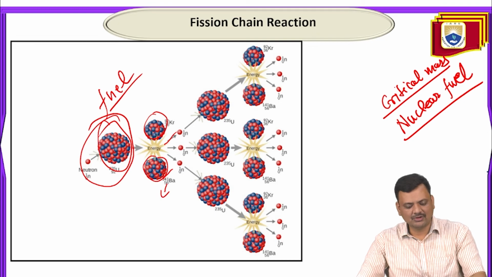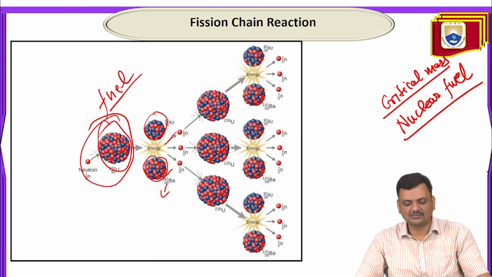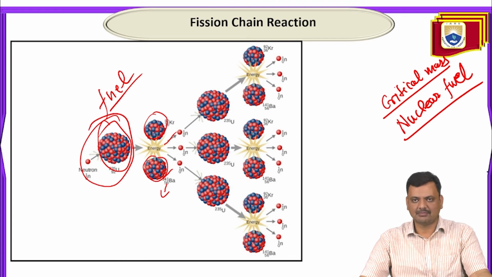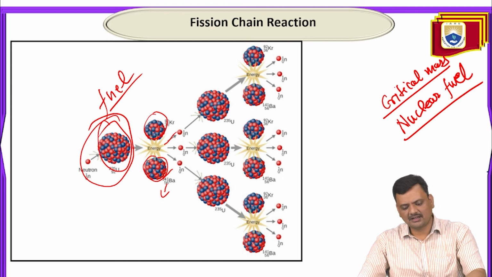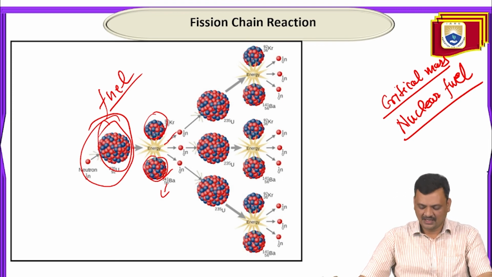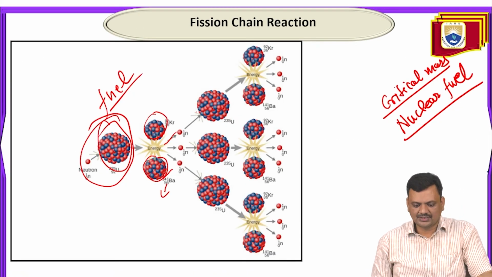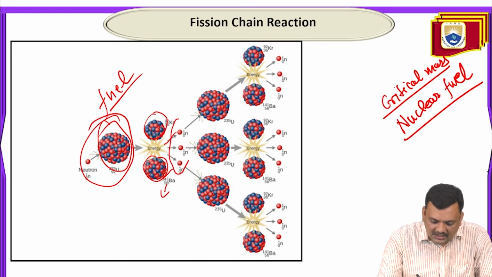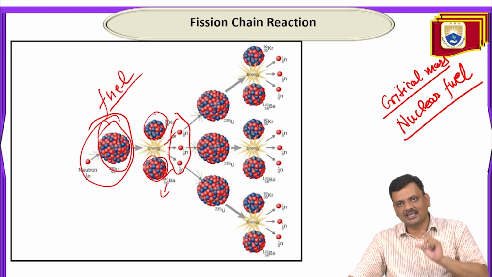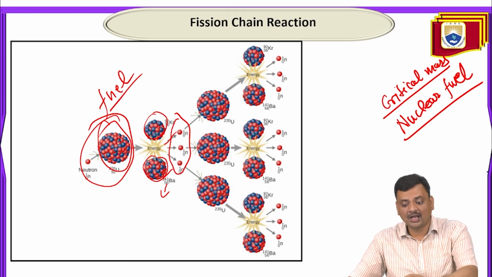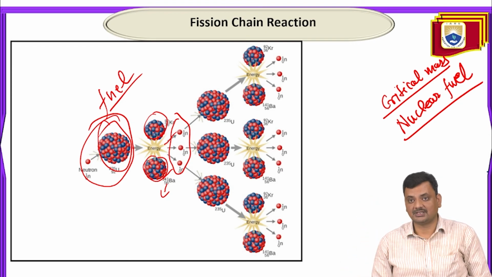So one neutron strikes one uranium atom, and that uranium is split into krypton and barium and generates 3 neutrons. Forget about that krypton and barium, known as fission fragments. Consider these neutrons which are generated, and these neutrons are again responsible for the same phenomenon, because several uranium atoms are present.